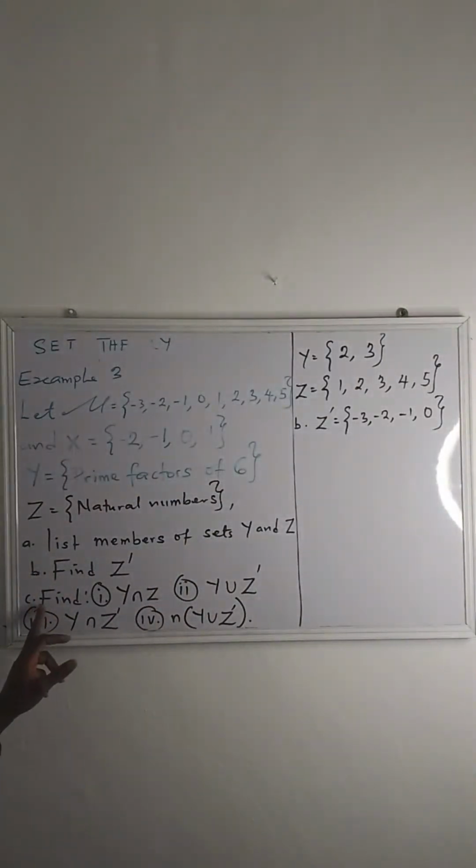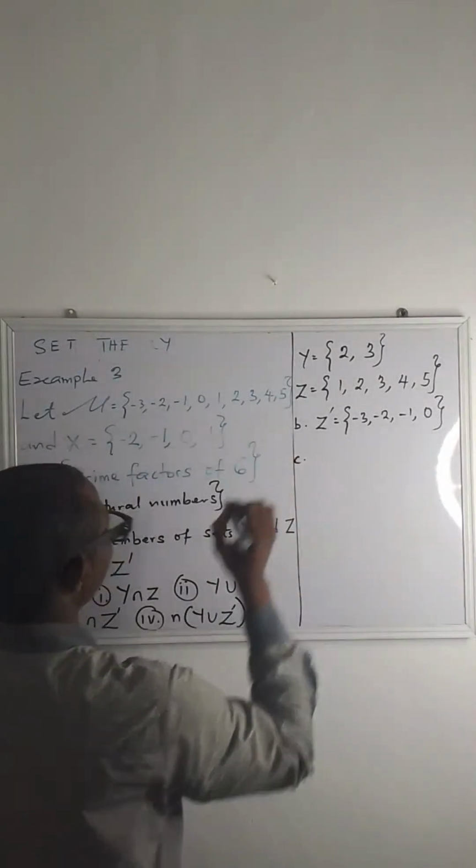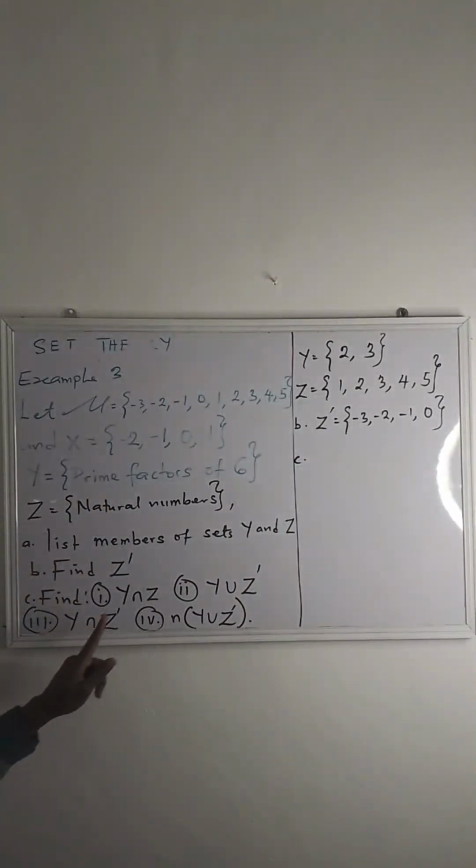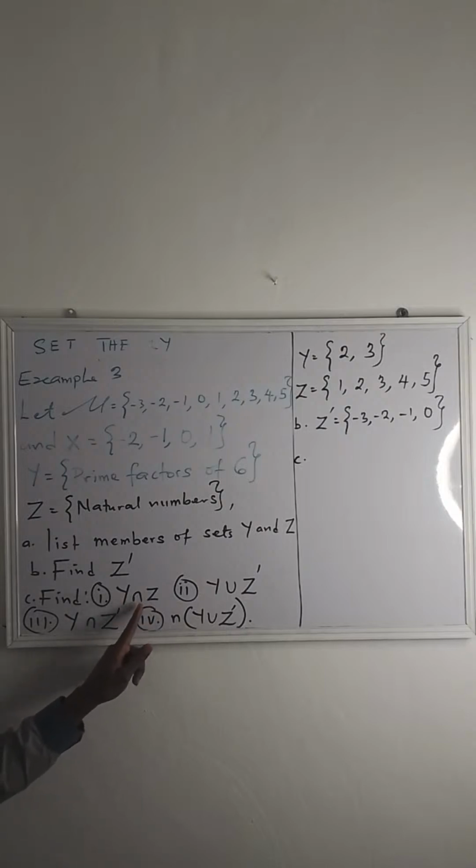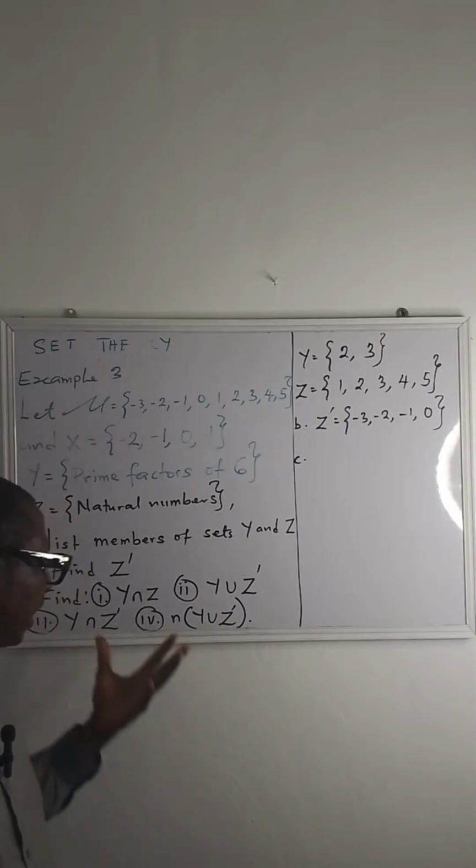Good. So now let's move down to this C part of the question. Now you have to find Y intersection Z. I think on this note we have to explain what intersection means.